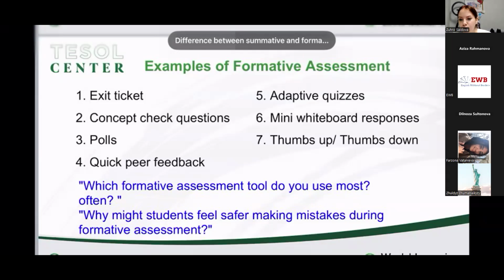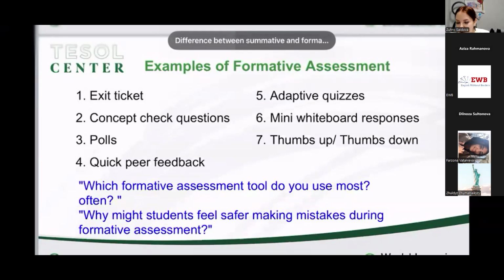So if Shahlo, you could also explain what you mean by 2-3, that would be good. Okay, Dilnoza, who is using mini whiteboards, she says that she also plays some games, matching activities, things like that.